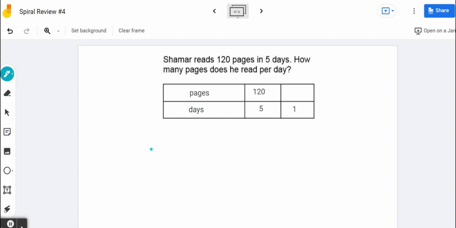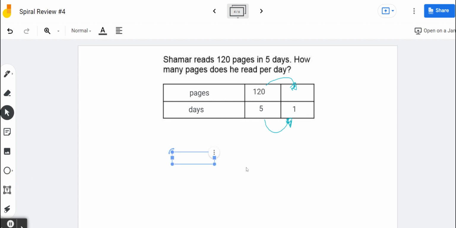So I would just fill in the blanks, and then right away, as soon as I see that, I'm like, well, I think I know the pattern. I'm going to go from 5 to 1. I'm going to let you decide. Whatever you decide is happening there, when you do it on one side, you have to do the other. Use a calculator for that. Fill in the blank. How many pages will he read per day?